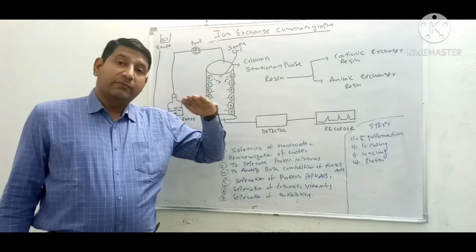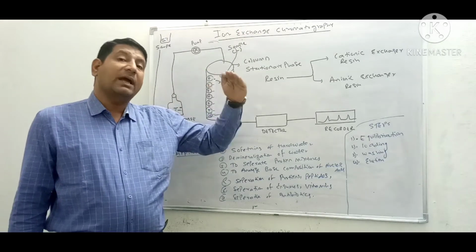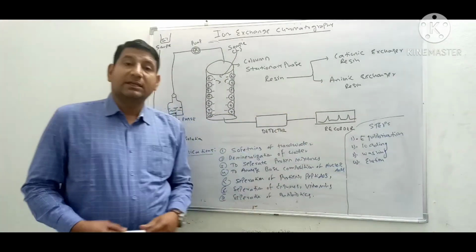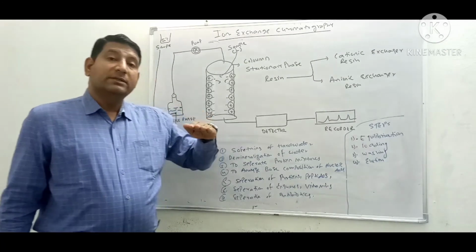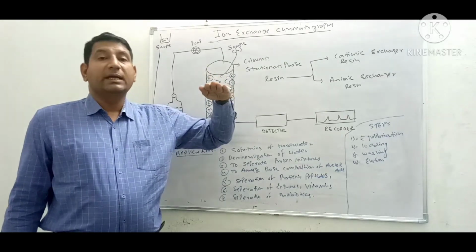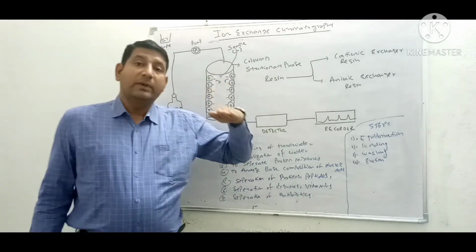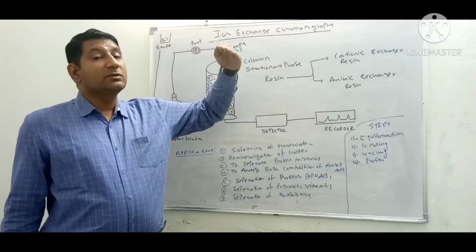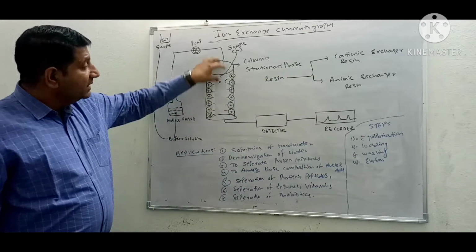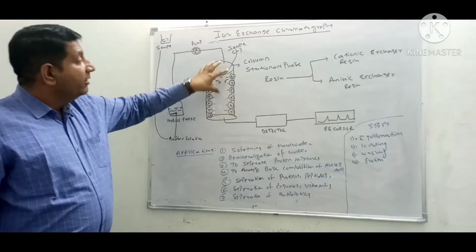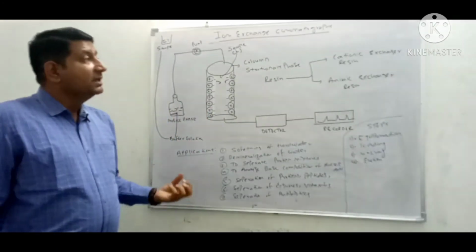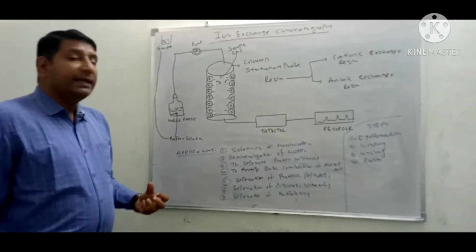When the fixed ions are positively charged and the counter ions are negatively charged, this type of resin is known as an anion exchange resin. And if negatively charged ions are attached to the solid support as fixed ions, covalently bonded, and the counter ions are positively charged, this type of resin is known as a cation exchange resin. So this column is a hollow cylindrical column packed with resin beads, which are ion exchange resins. It may be a cation exchange resin or an anion exchange resin.